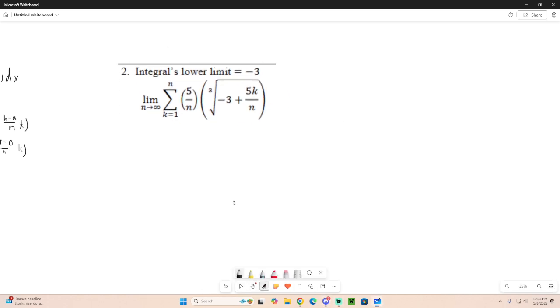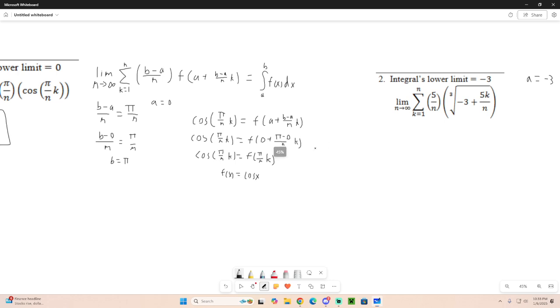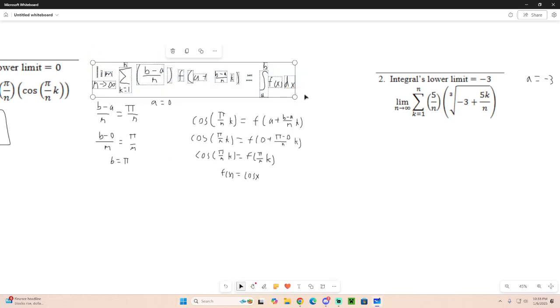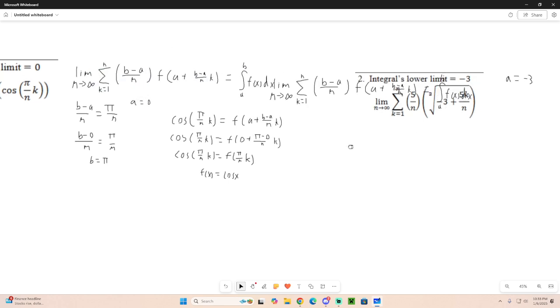Alright, this time, guys, look. It says lower limit equals -3. Take a note of that. So that means a equals -3. And so b plus 3 over n equals 5 over n. Hold on, I'm just going to copy this. What could that mean, guys?